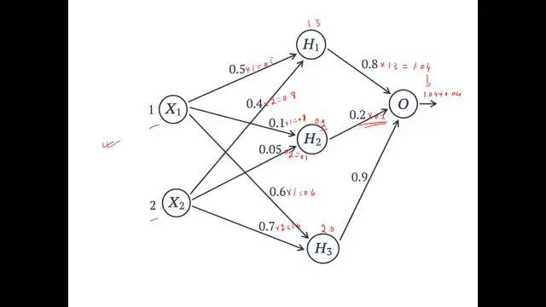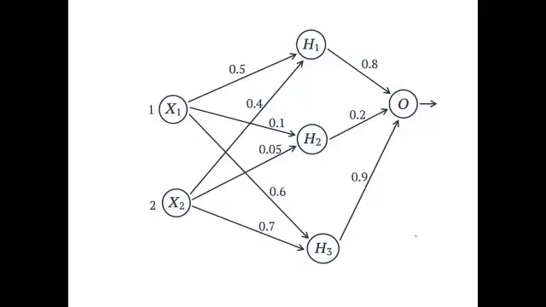Similarly, this 2.0 will be multiplied by this 0.9 to get 1.8. So overall our predicted value will be 2.86. Now suppose our actual value was 2.75, but we have predicted 2.86. So we are off by 0.11. So this is the error. Now this was our first pass on this model.